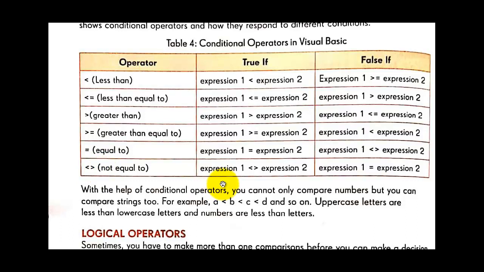If expression 1 is not equal to expression 2, then it is true. It is false only if expression 1 is equal to expression 2, because the condition given here is not equal to. That means it will be false only when expression 1 is equal to expression 2. This is the opposite of this, and this is the opposite of this.